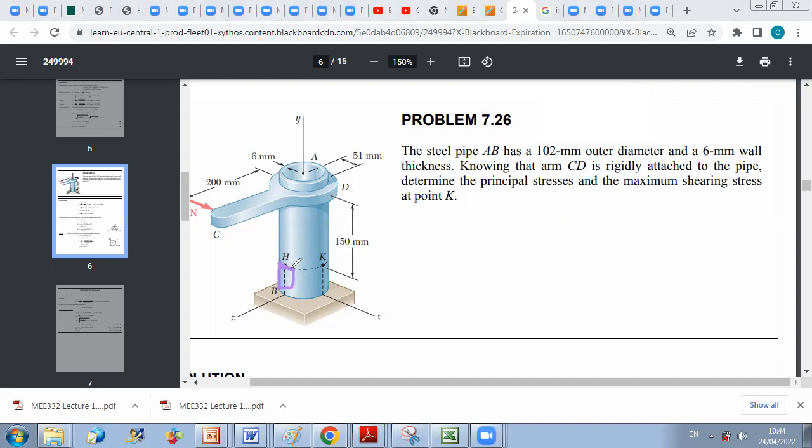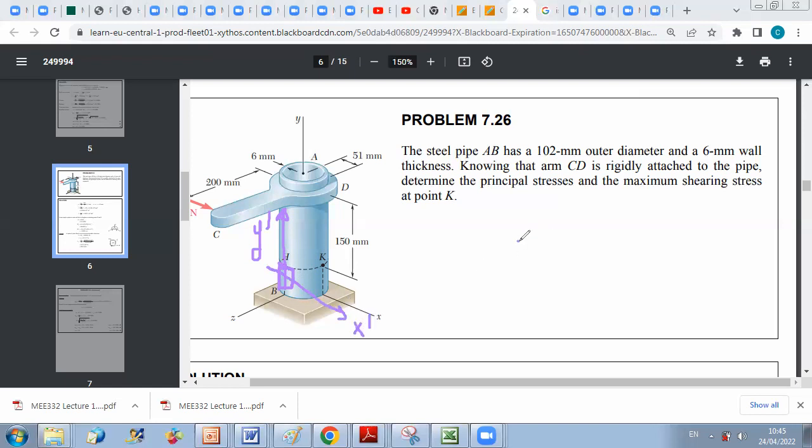For this element I will represent the effects of the force acting on my system. So to start with, let me select local axes for this element. I can have this axis, which I can call y prime, and I have this axis, which is parallel to x, which I can call x prime.